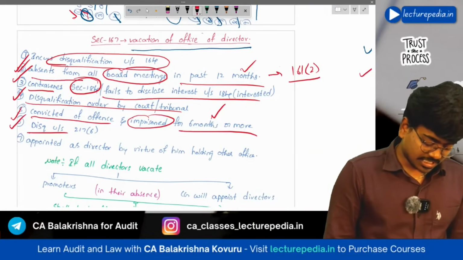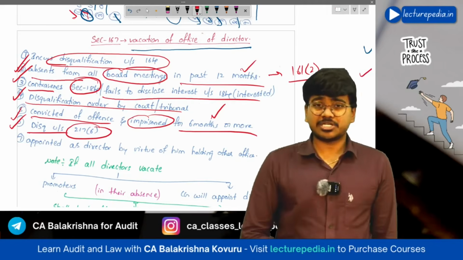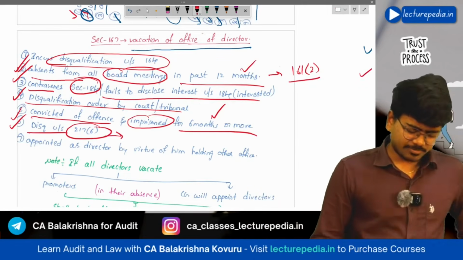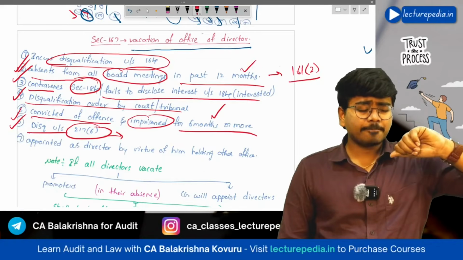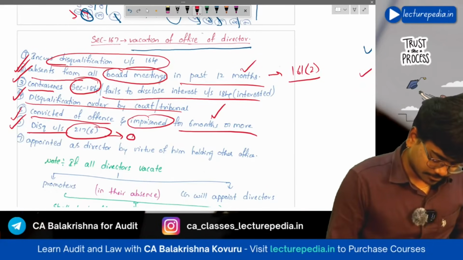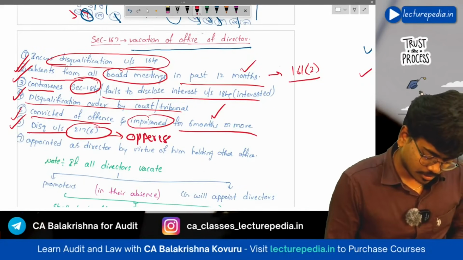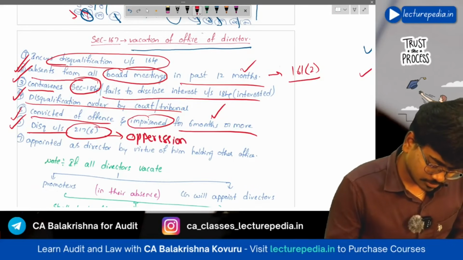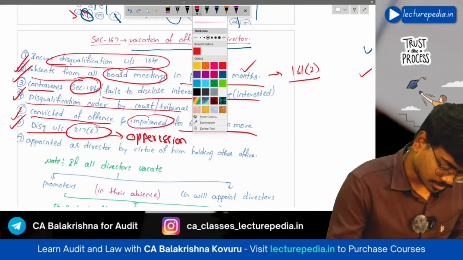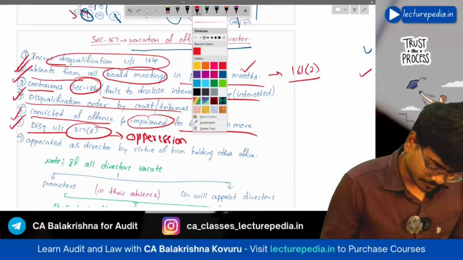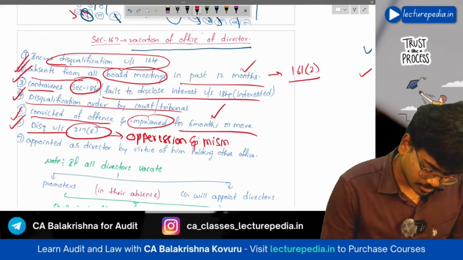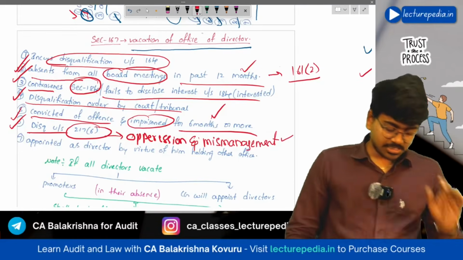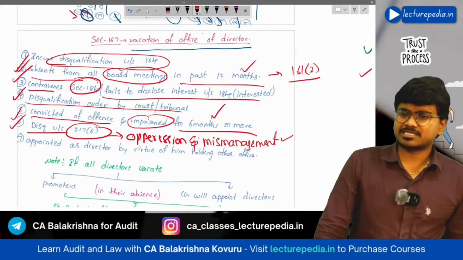Next, disqualification under section 217 subsection 6. Basically, 217 subsection 6, this section comes in the chapter operation and mismanagement. In this chapter, section 217 subsection 6 will come.